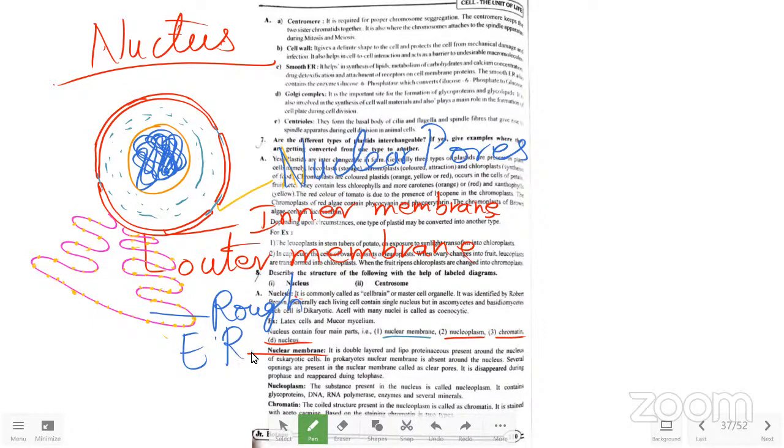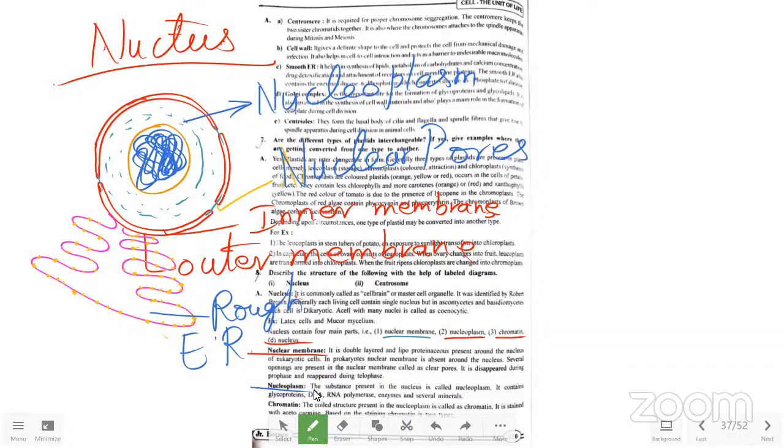Inside the nuclear membrane, a dense semi-solid gelatinous material is present, called the nucleoplasm. Now the second point, nucleoplasm.